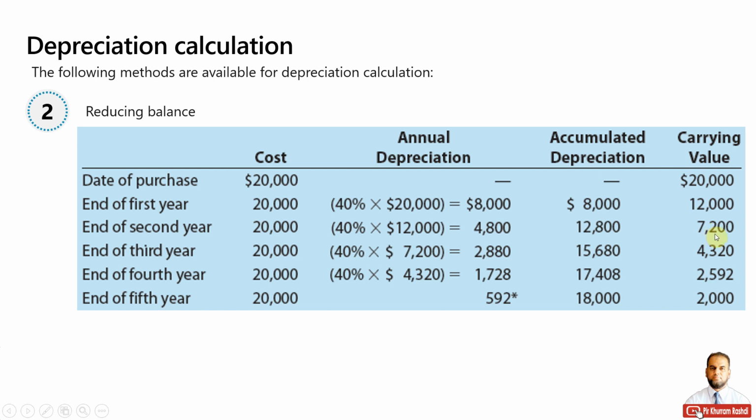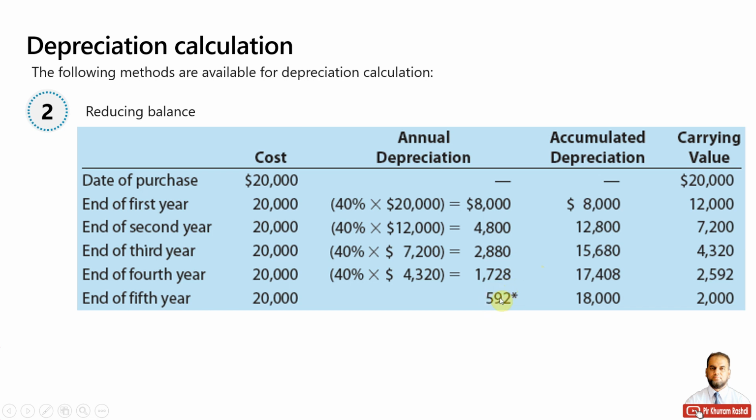So the end of third year will again be 40% multiplied by 7,200, and the depreciation expense will become $2,880, and it will be added to the previous accumulated depreciation and will become 15,680. In this way, this will be subtracted from the cost to become the net book value of 4,320, and so on until it reaches this value of 592.